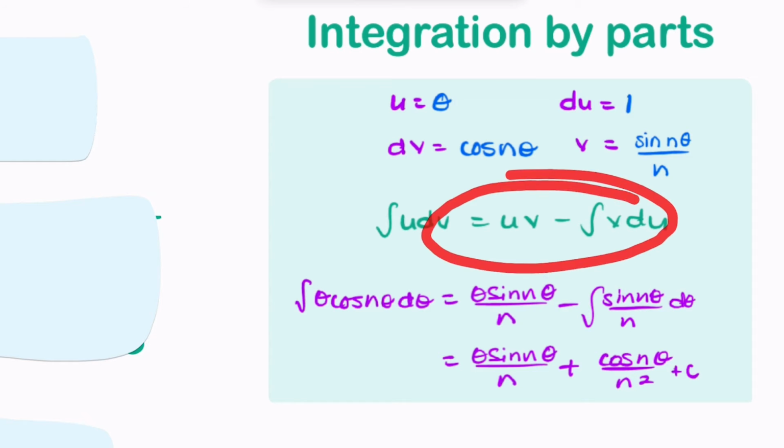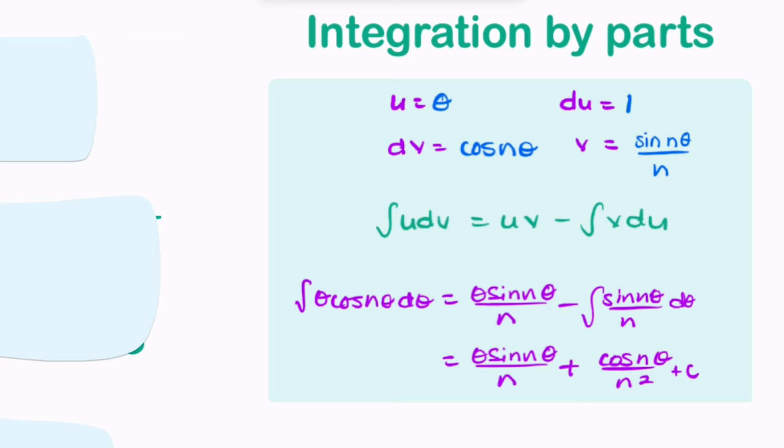And then the integration by parts rule says the integral of u dv equals uv minus the integral of v du. So what I sometimes do is draw a big capital N to remind me it's this times this, minus the integral of these two multiplied.